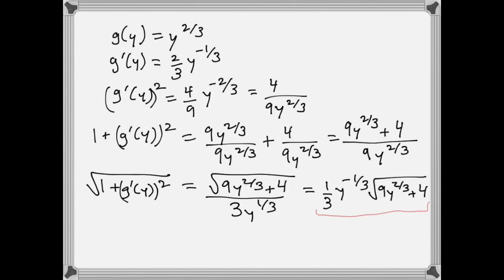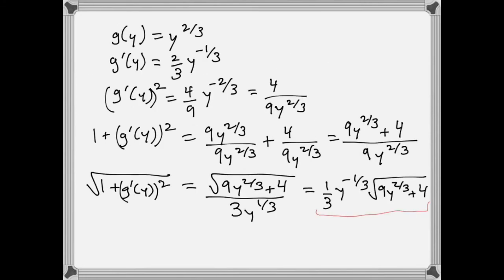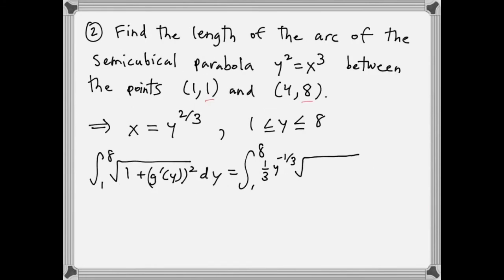My integral then is going to go, it's 1/3 y to the negative 1/3, and then it's the square root of 9y to the 2/3 plus 4, and then I have dy. What am I going to let u equal?